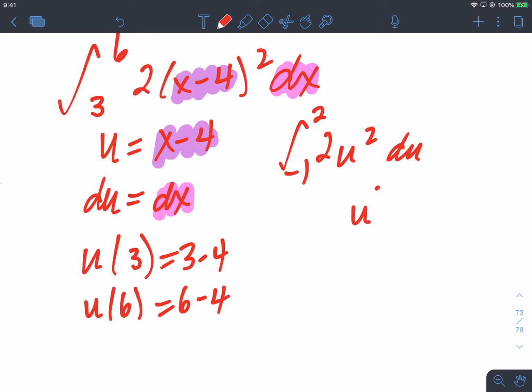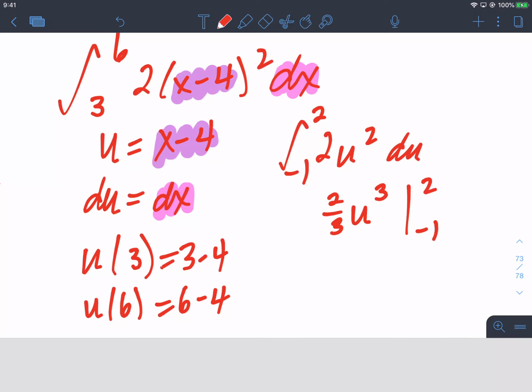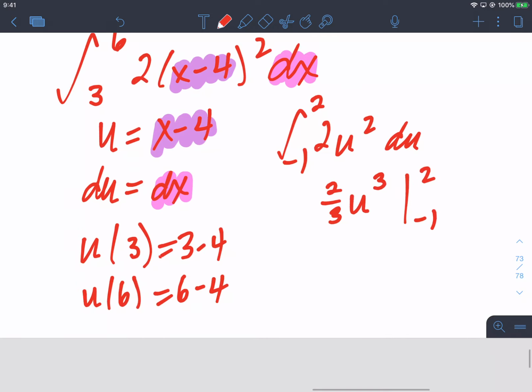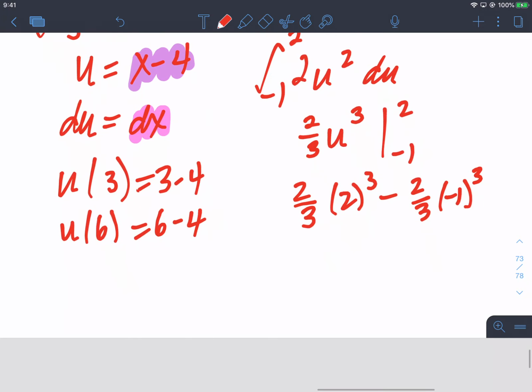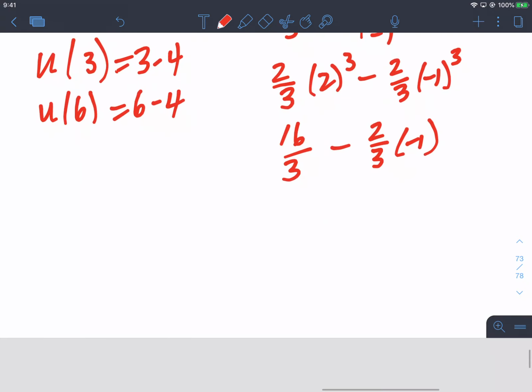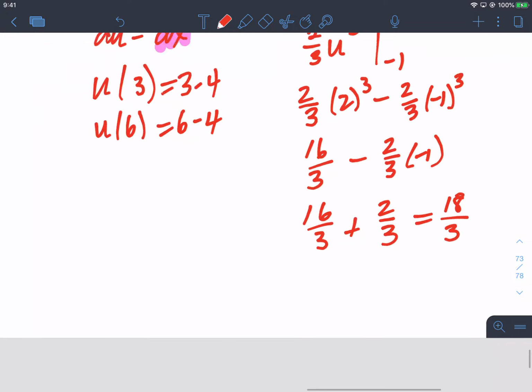So what we're going to do is add 1 to the power and divide by the new power, and then evaluate it from negative 1 to 2. Plugging in our bounds, 2/3 times 2 cubed minus 2/3 times negative 1 cubed. So 2 cubed is 8, so this would be 16/3 minus 2/3 times negative 1, 16/3 plus 2/3, which is 18/3 for that integral.